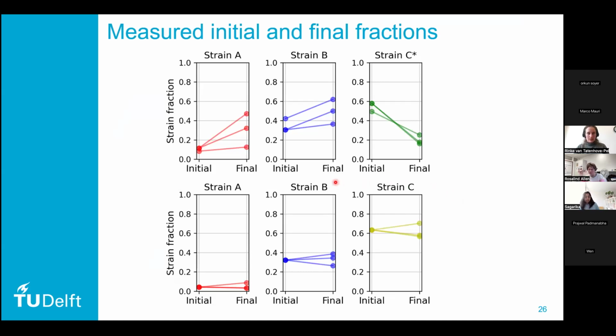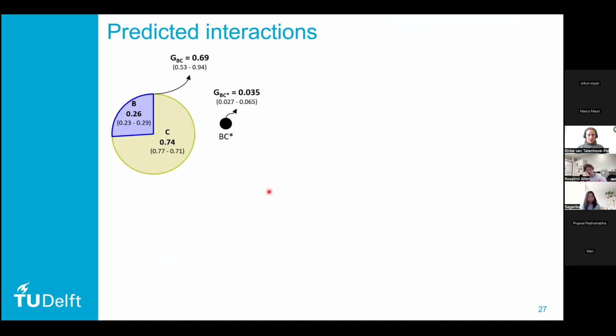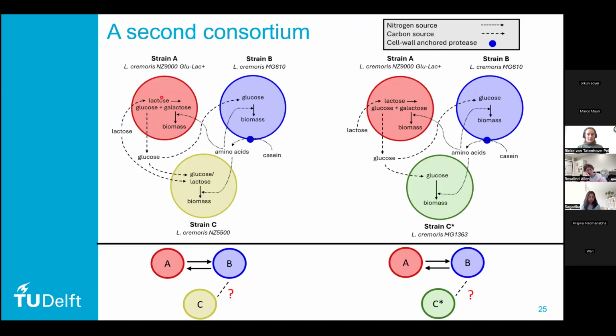So what we did is we again had several initial fractions of strain A, B, C star, and strain A, B, and C. And we fixed the interaction between A and B and A and C in this case. So we only looked at the interaction between B and C. That means in the model, we just tell the model A and B together grow, A and C together do not grow. And now tell us what is happening between B and C and between B and C star.